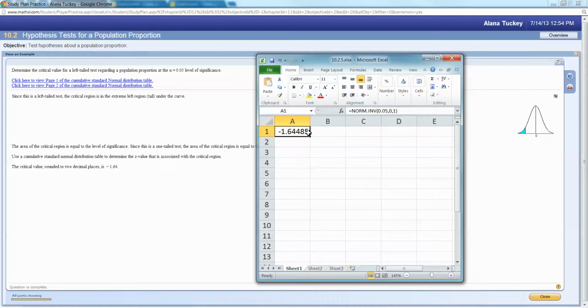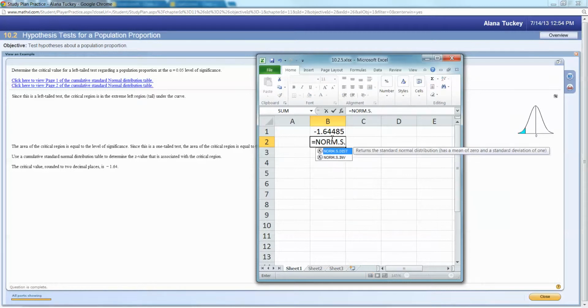Let's give me some other varieties. All right, so this was doing it that way. I could also use NORM.S.INV, which automatically knows it's the standard normal distribution, so I don't have to do the 0, 1 thing, and it just puts in the probability of 0.05. And again, these are for left-tailed tests, right?